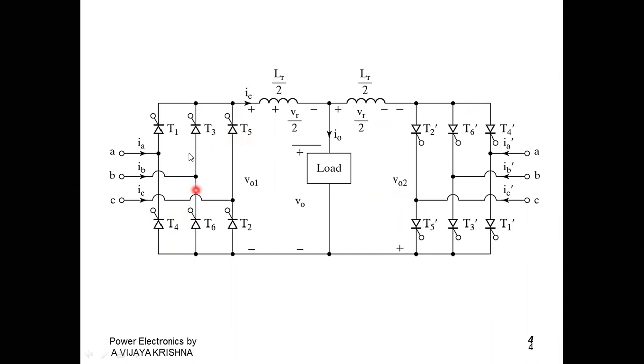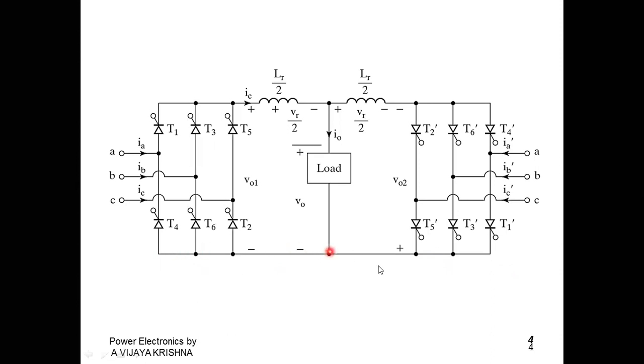While converter 1 is supplying current to the load, suppose we want to block converter 1 and switch on converter 2. First, the firing pulses to the converter 1 circuit are immediately removed.